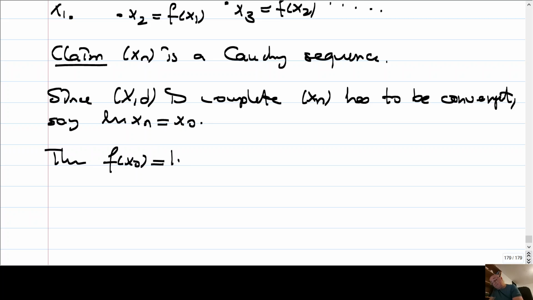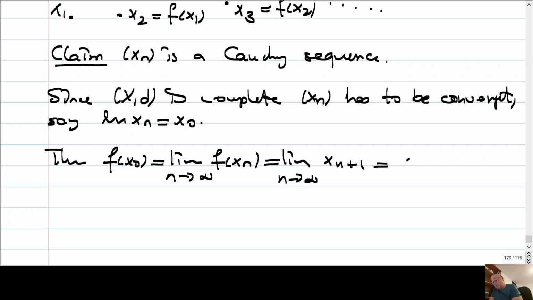So this means I can write this as the limit of f of x_n as n goes to infinity. But what is this? f of x_n is just x_{n+1}. Well, this is the same sequence, right?